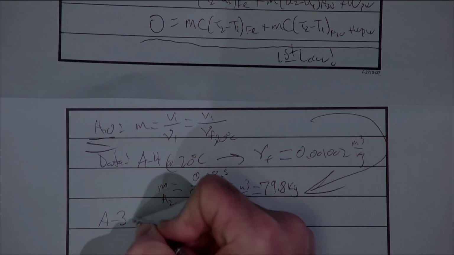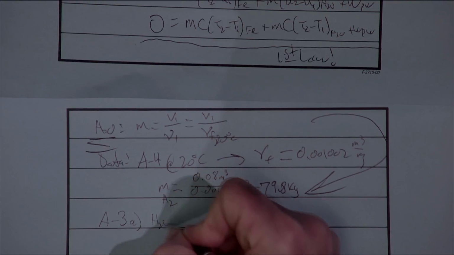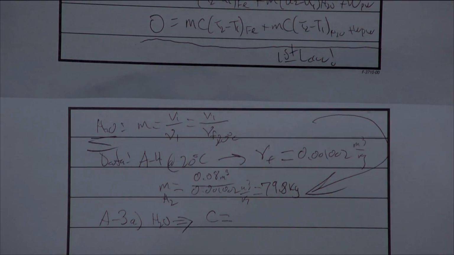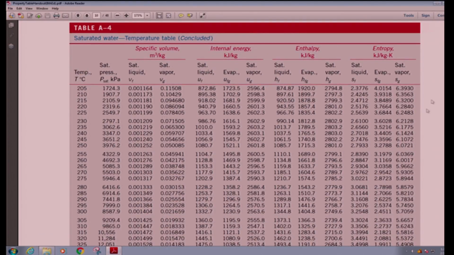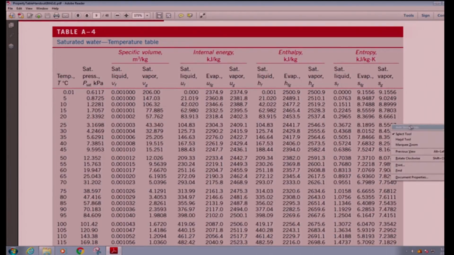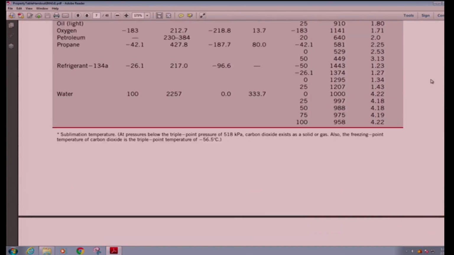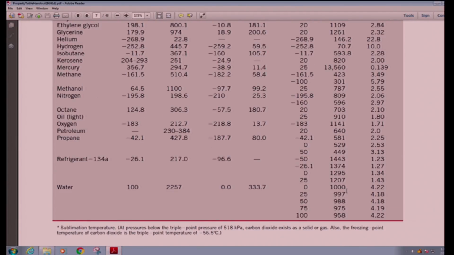So we're going to go into table A3A, and we're going to find data for water. We need the heat capacity. Okay, so here's our data for water. Now, you can see that they give us data at 0, at 25, at 50.